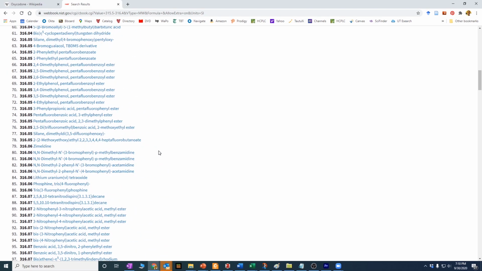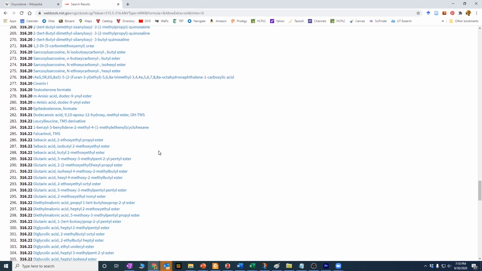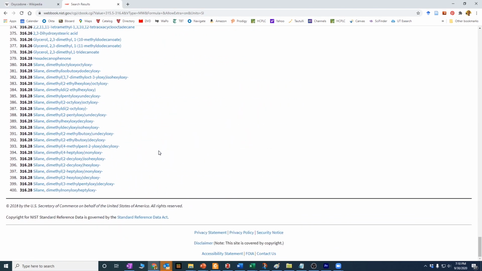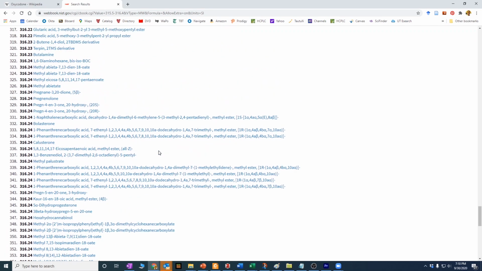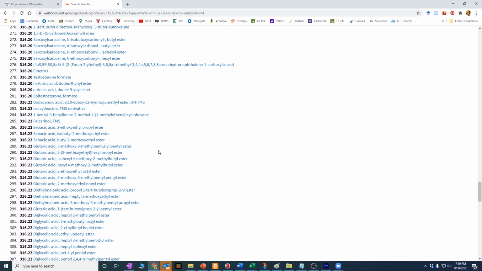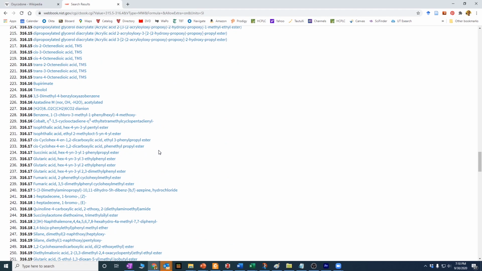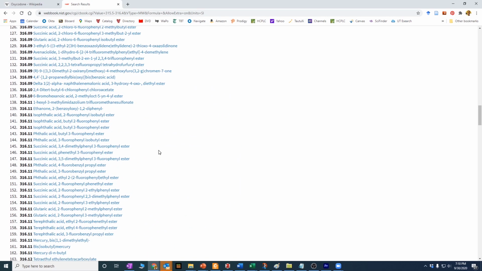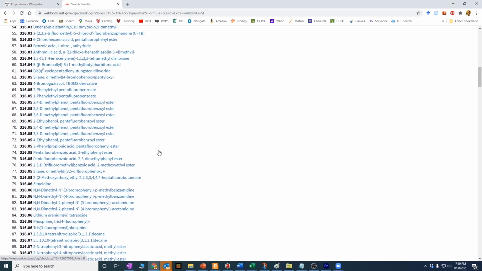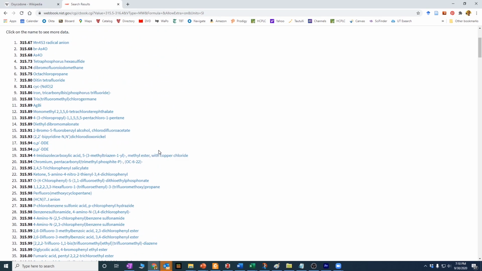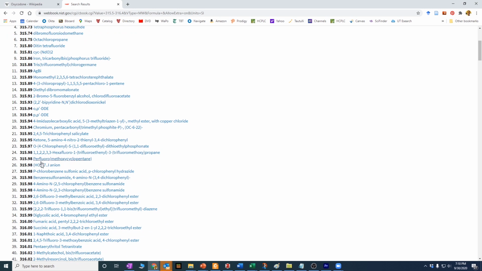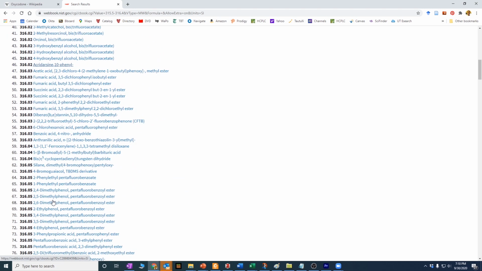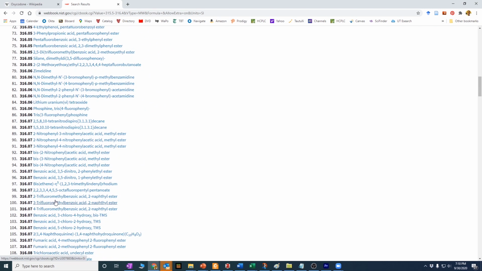So there is a list here of 400 possible compounds. But still, 400 out of 40 million or whatever that number is, this is pretty good. And of these, only a few are going to make sense as controlled substances. Let's see, oxycodone should be on this list.